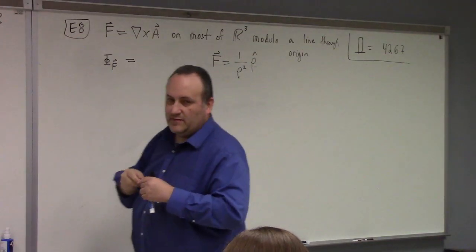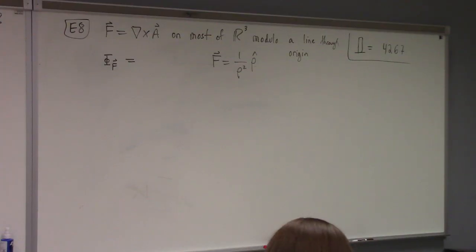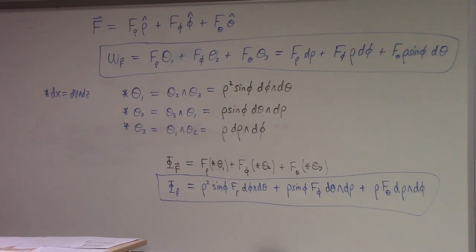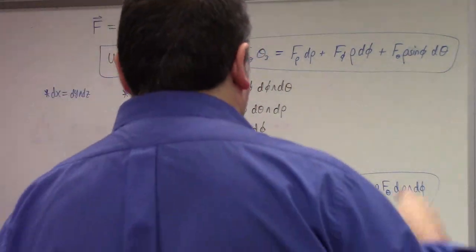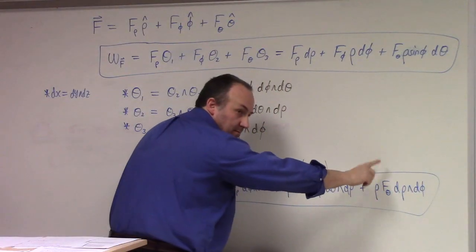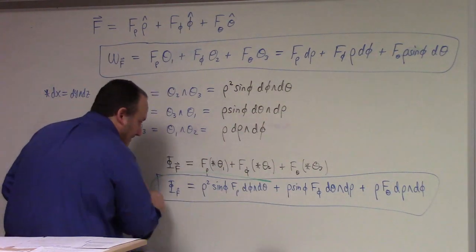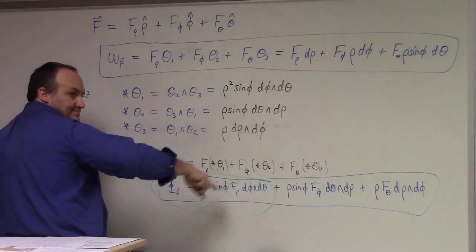So we need to go back to the other board and remind ourselves what the flux form was. What's relevant in the flux form formula for us? Look over here. The vector field we're thinking about has no theta and no phi components. All we're interested in is this right here.